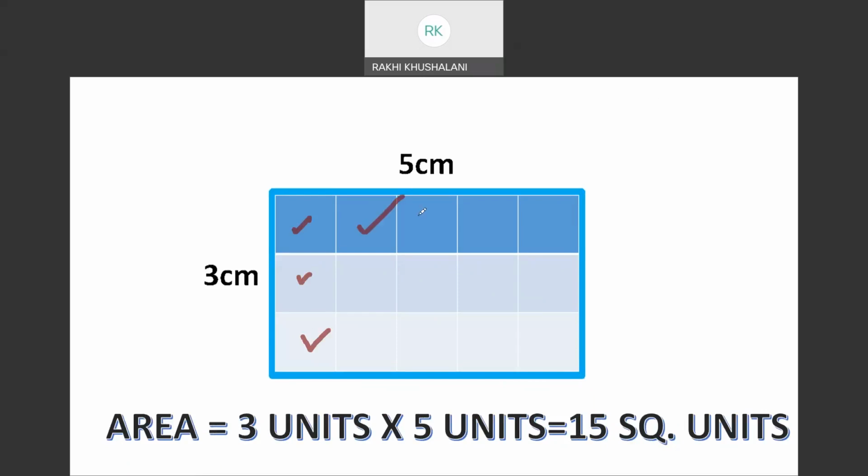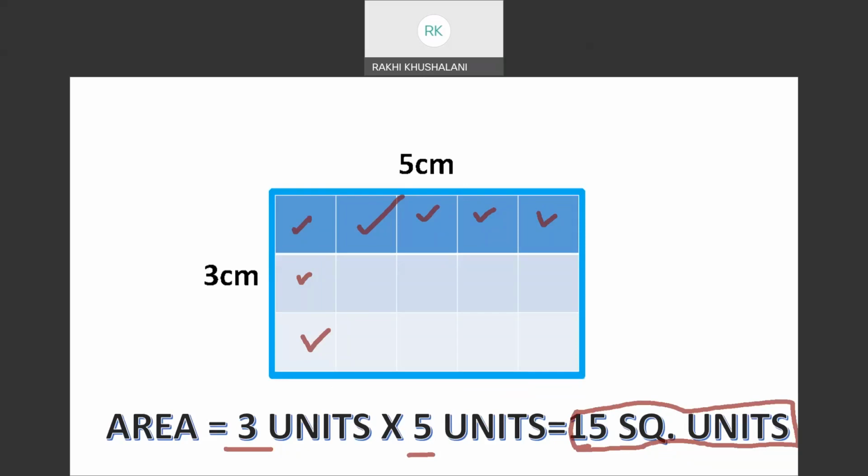So 3 units into 5 units, we are actually talking about 15 square units. We are talking about squares. We are saying that our area is occupied by 15 squares. What is that unit? We have not specified it to be centimeter, meter, or anything of that sort.